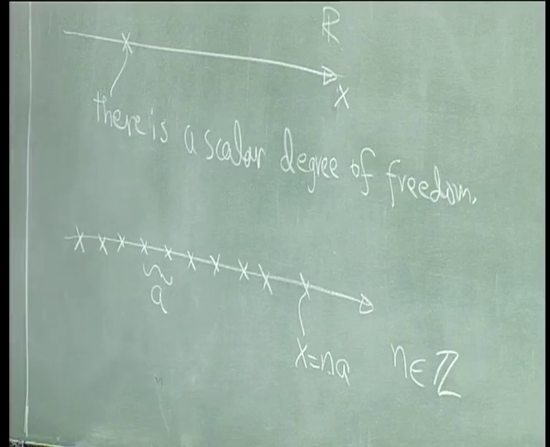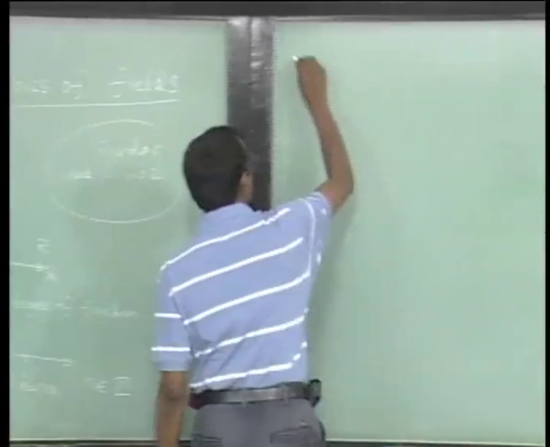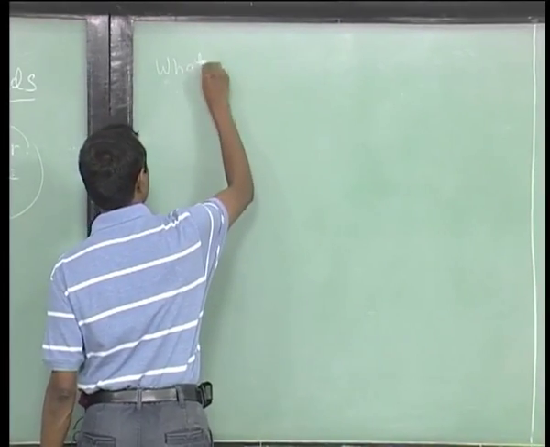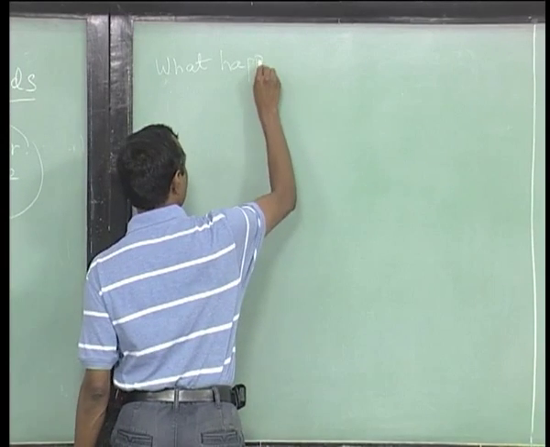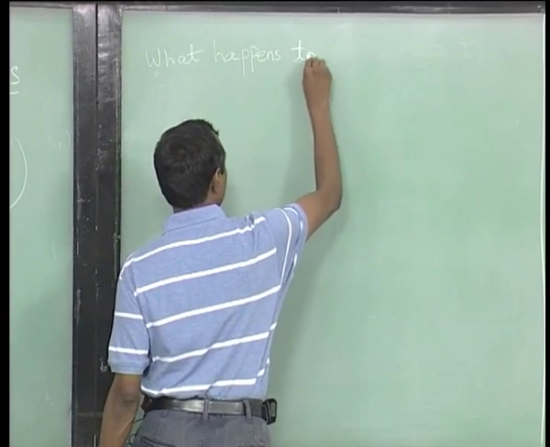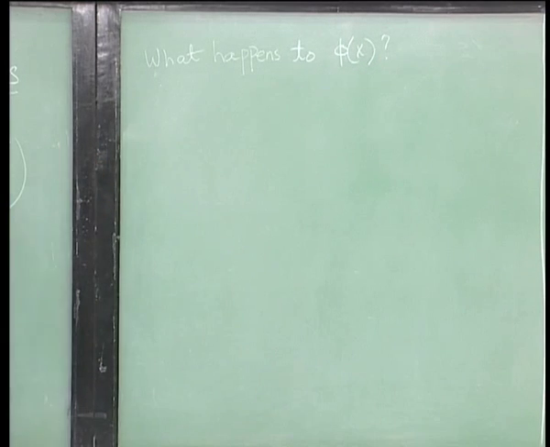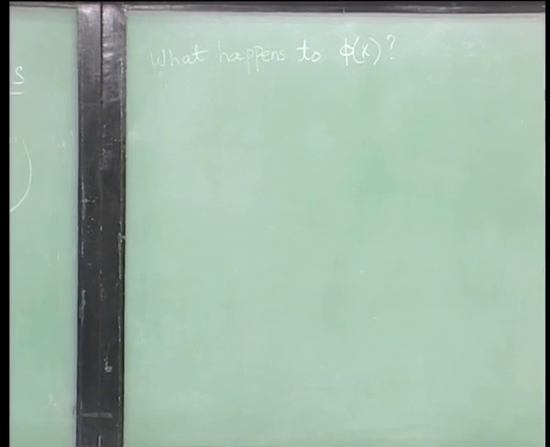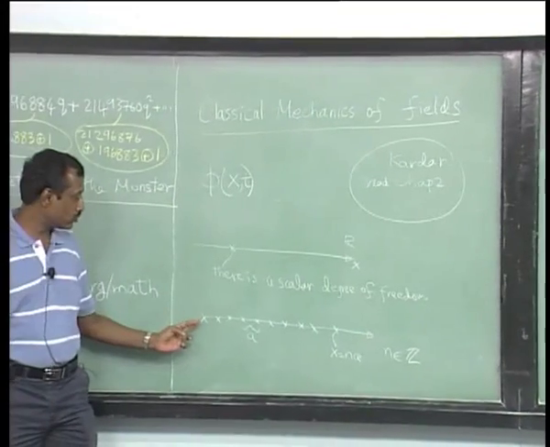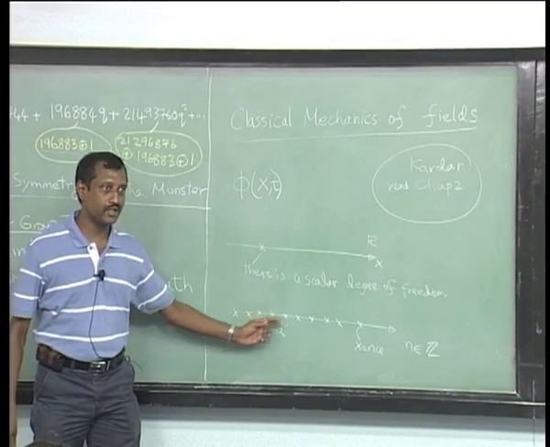So the first step is to ask what happens to phi of x. We have done some thinning, so we will only know the values of phi at these points.